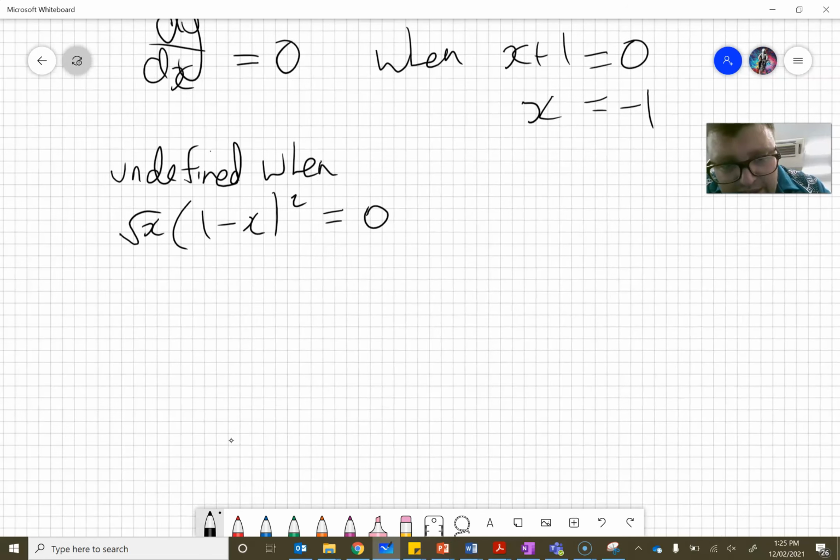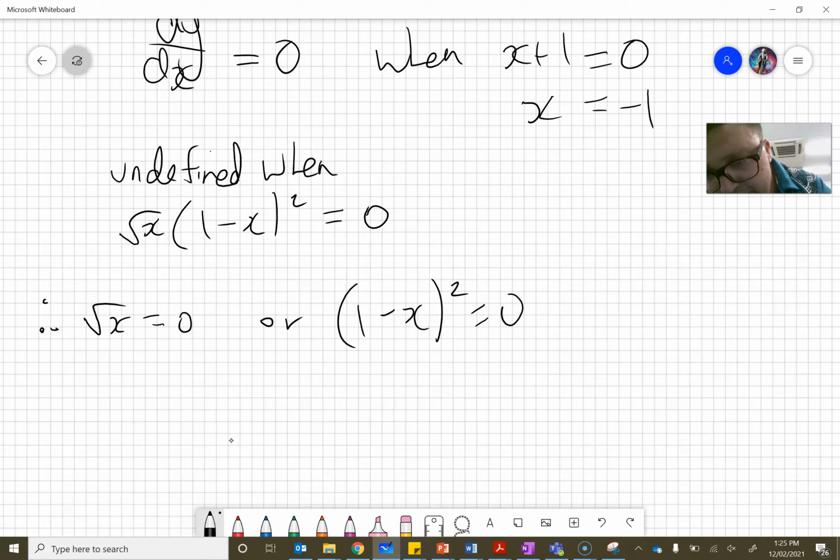Now, that's going to be when either root x equals 0, or (1 take x) squared equals 0. So therefore 1 take x would equal 0, which means x equals 1. Or over here, this is only true if x equals 0. So we've got now two values where it would be undefined.